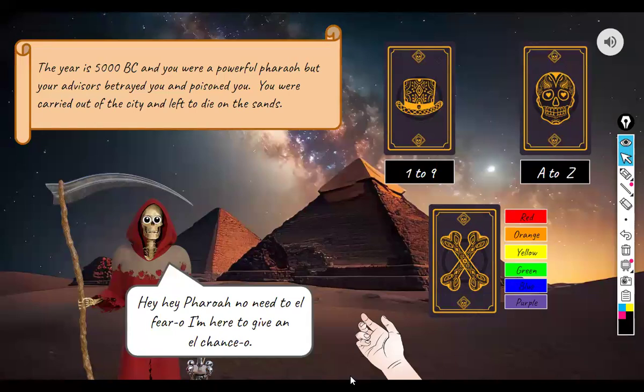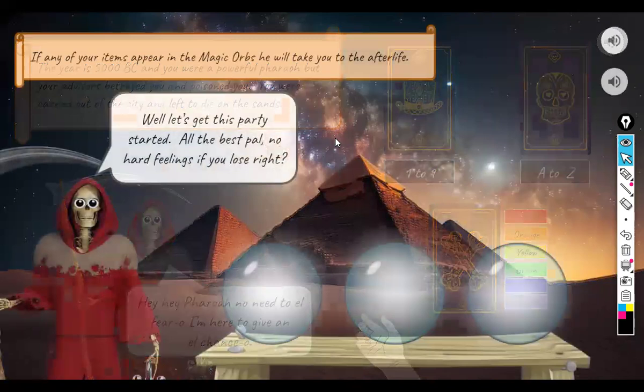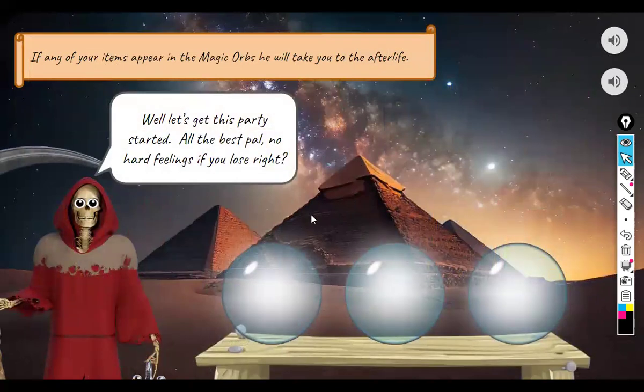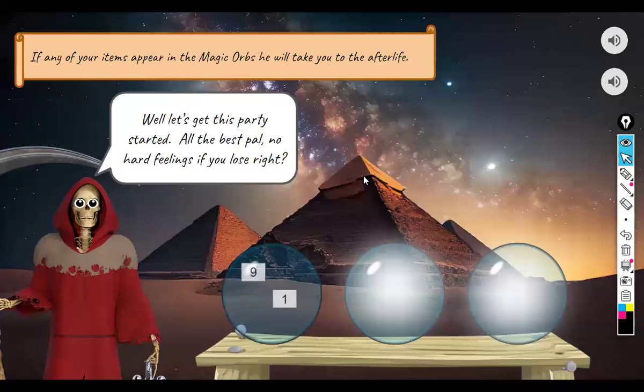All right, so choices are coming in. People are choosing their numbers, letters, and colors. Let's go. Last one for the day. Let's see what's going in here. Music is sort of cool. First orb, 9 and 1. Those are the unlucky numbers. I hope you all are in the game still.